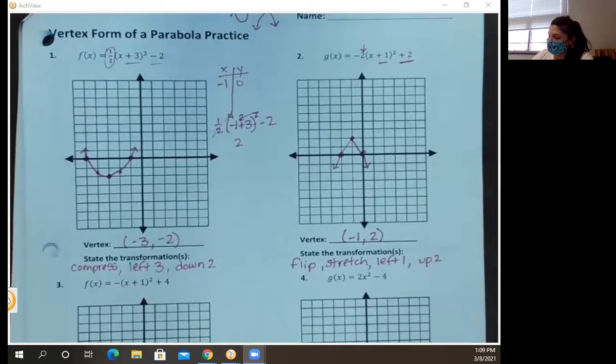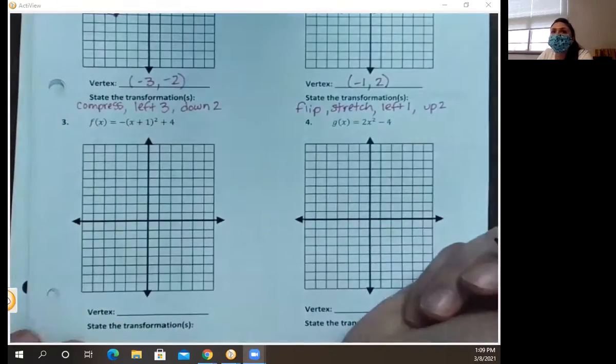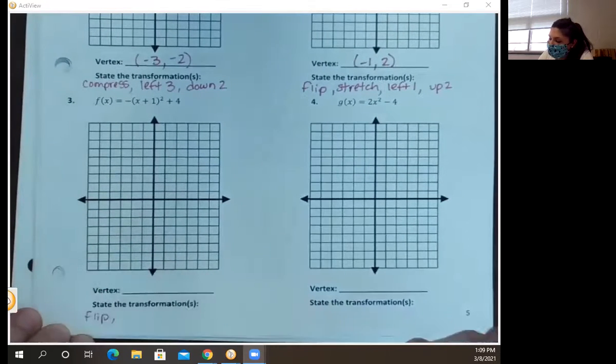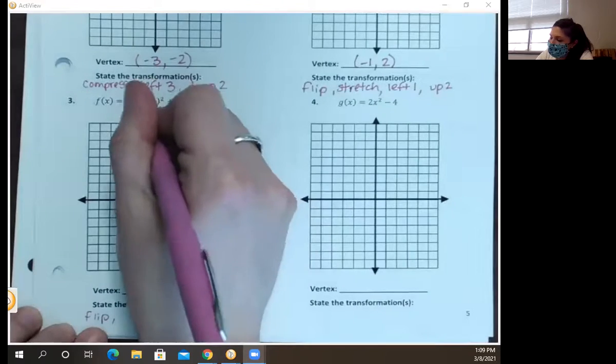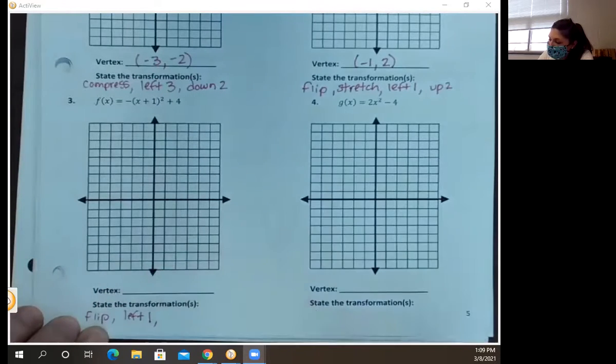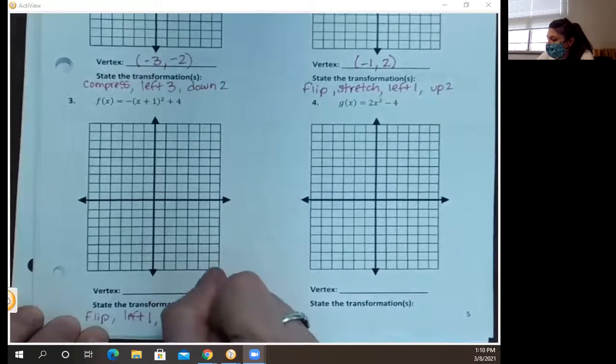Okay, let's look at number 3. I have a negative sign in front, so we're going to flip this graph again. +1 means we're moving to the left 1. And then +4 means we'll move up 4.